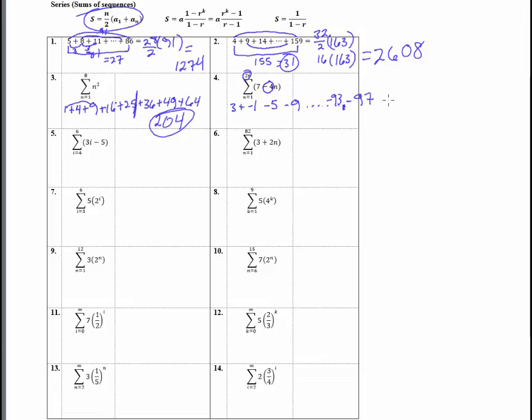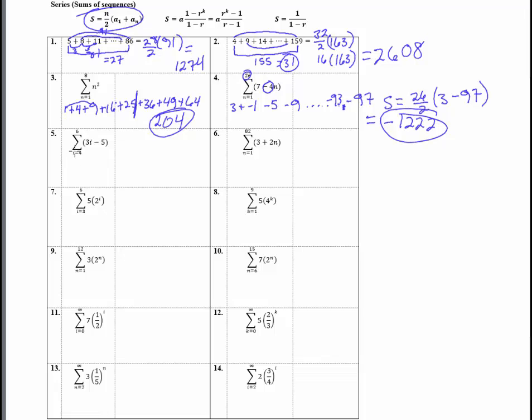So we're going to take the sum is the number of terms. Oh, this is easy. We know there are 26 terms. So 26 divided by 2 times the first plus the last. So we get 13 times negative 94, which equals negative 1,222. There we go.